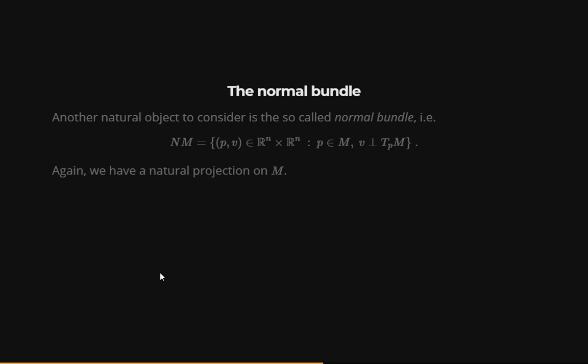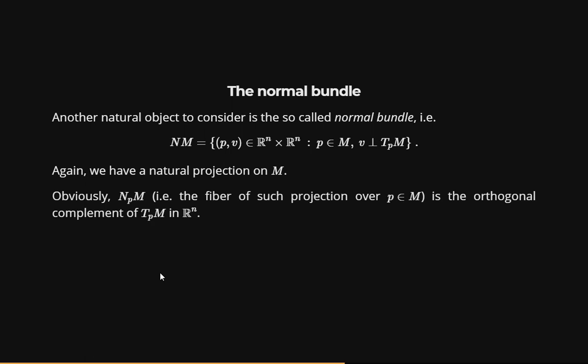Sorry. You have other bundles, for example, the normal bundle. You can play with vector spaces now. Instead of considering all the points and the tangent vectors, you take all the points and the vectors orthogonal to the tangent space. You have a natural projection, and I think you could write down the defining function. Point by point, the normal space is the orthogonal to the tangent space.